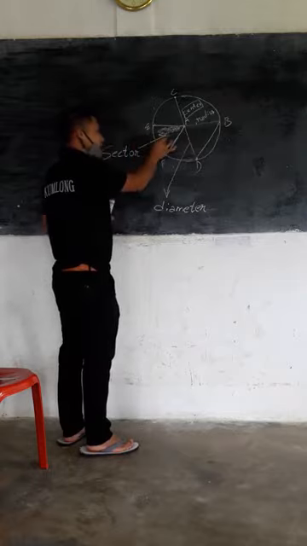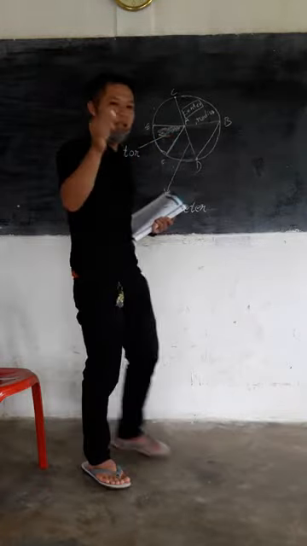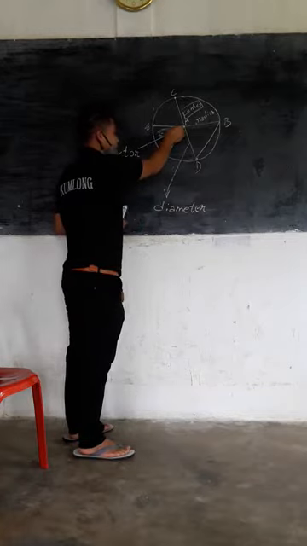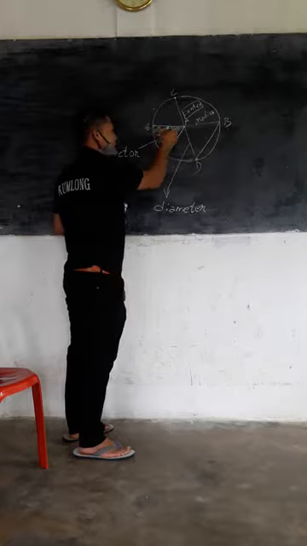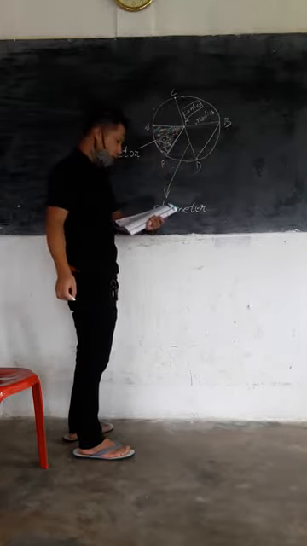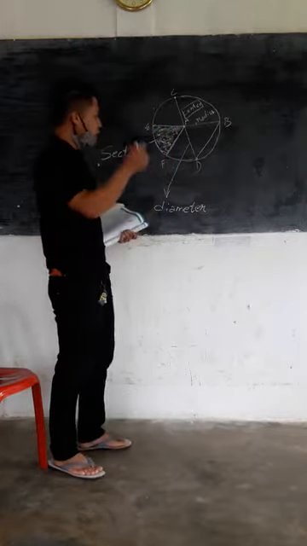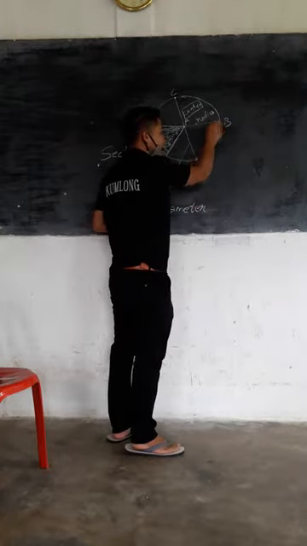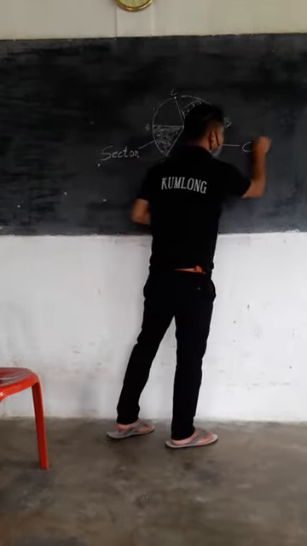But the space inside the arc is known as sector. Now, from point T to P, this line is known as chord.